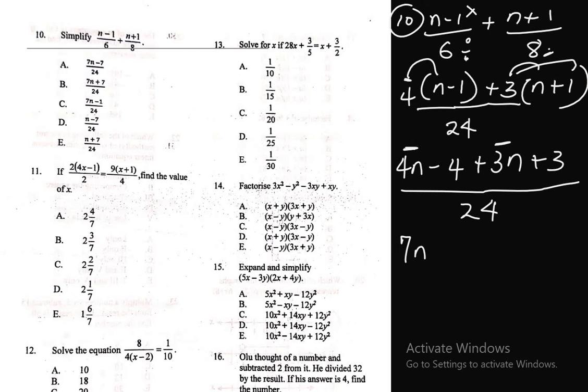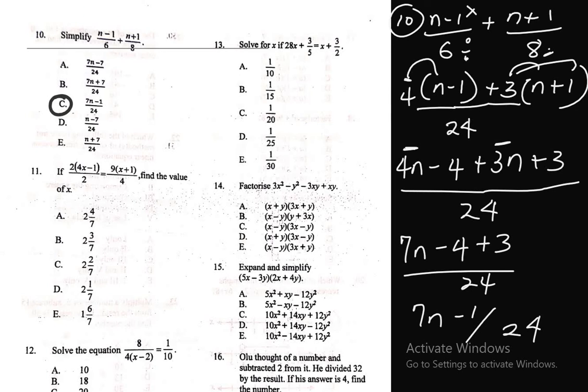Now we have minus 4 plus 3 over 24. So we have 7n minus 4 plus 3 is minus 1 over 24 will be our final answer. And the right option here, 7n minus 1, is C.